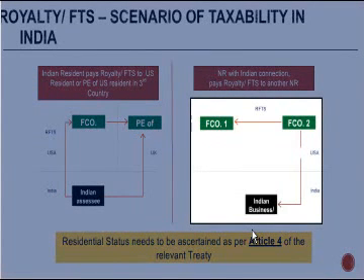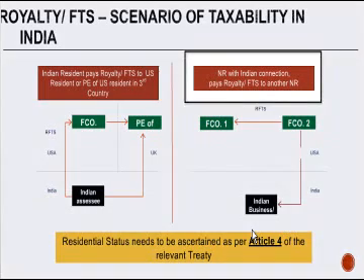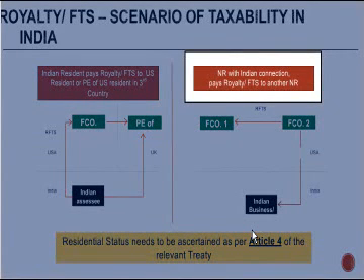So what we have here is that there is a foreign company 2 which has an Indian business, and in respect of this Indian business, the foreign company 2 is making a payment to foreign company 1. If I have to see the heading, what I say is that a non-resident with an Indian connection, FCO2, pays royalty or FTS to another non-resident.